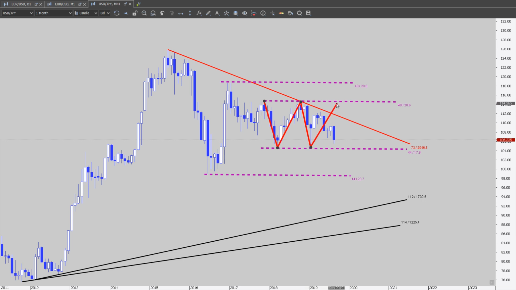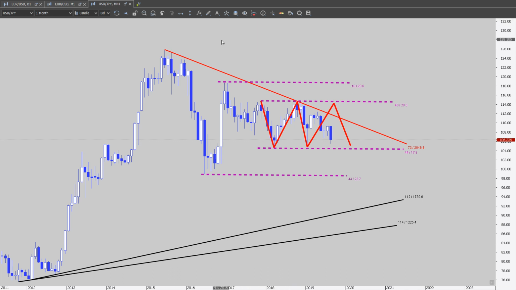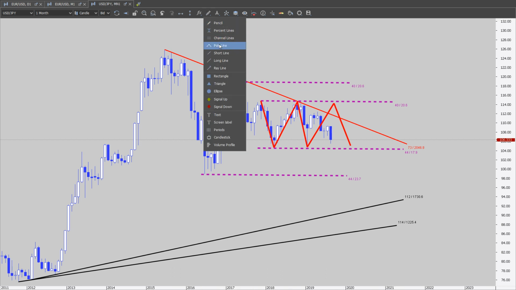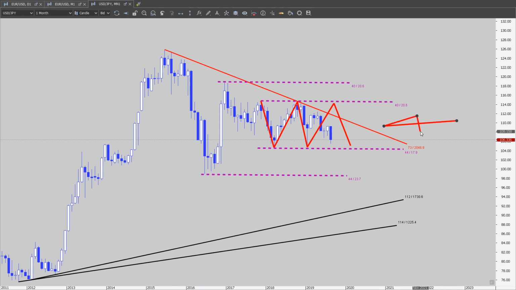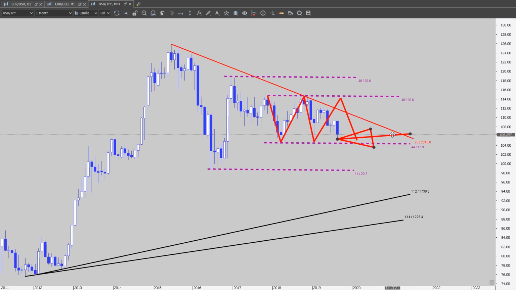For the time being, it's moving inside those two bands. Who knows when it's going to break, on the upside or the downside. Maybe the market is going to be locked between the two bigger bands, right?